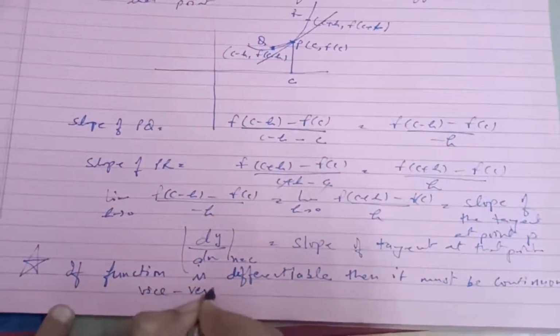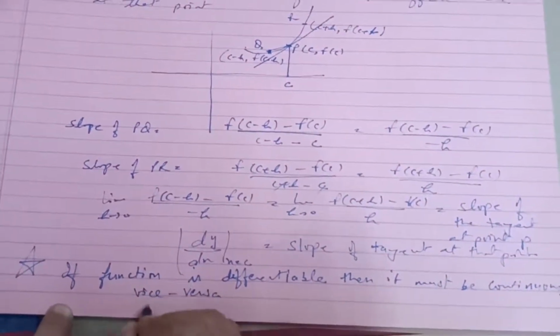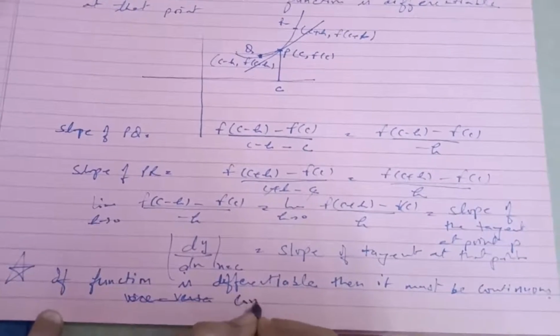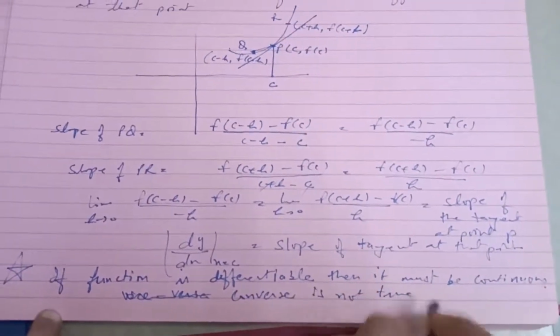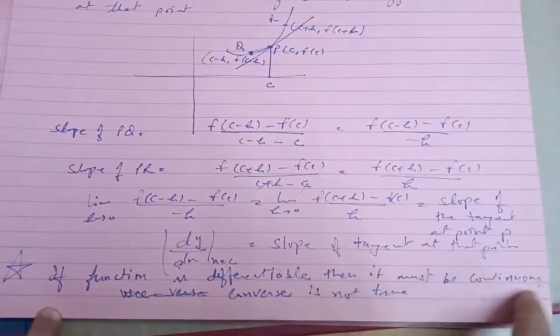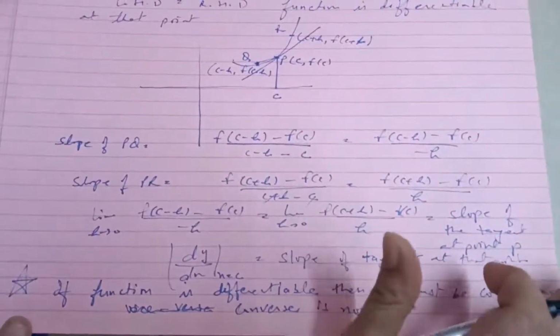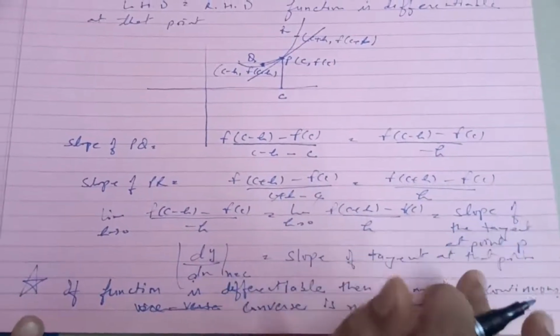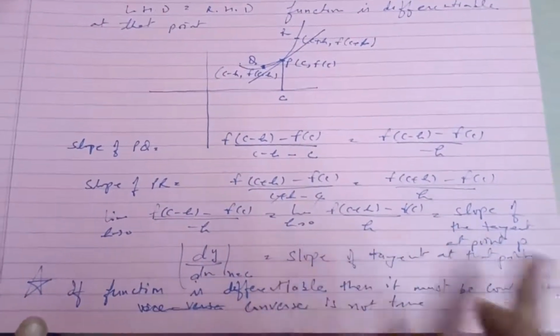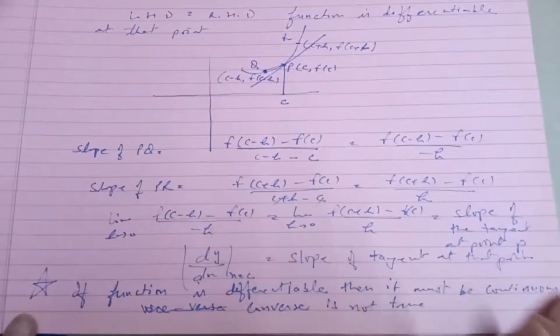Its converse is not true. Means if function is differentiable, it must be continuous. But if it is not differentiable, means either it is not continuous or it's a corner point. क्योंकि corner point पे भी you can't draw the tangent. It is also to be noted.